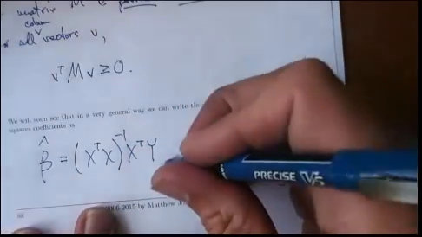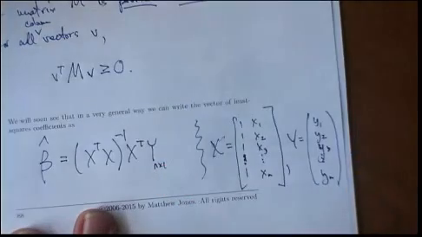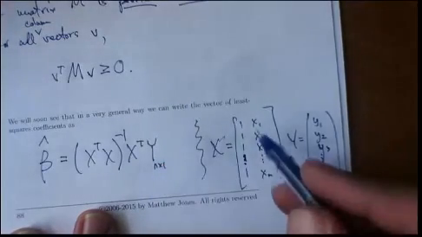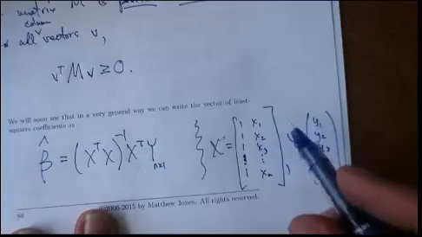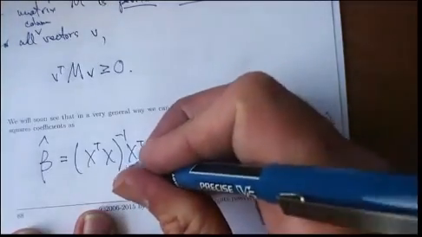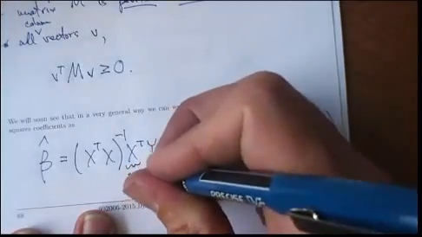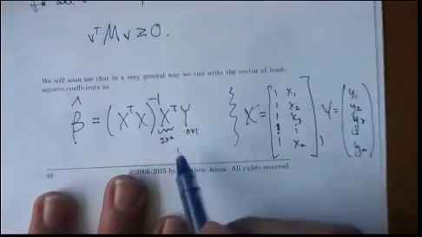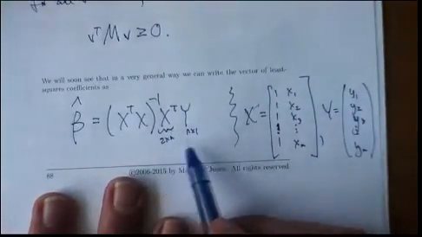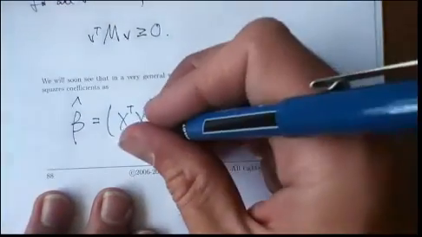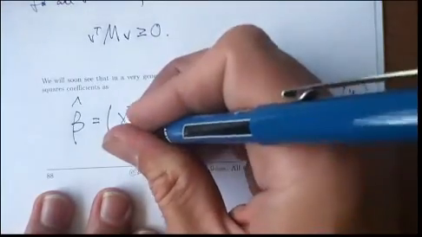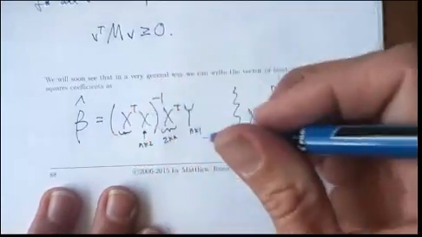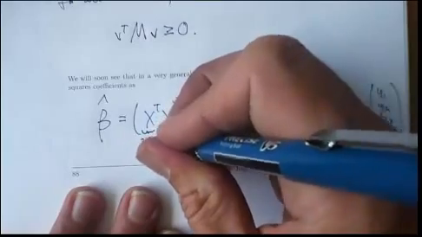So y will be an n by 1. X is an n by 2, and X transpose is a 2 by n.